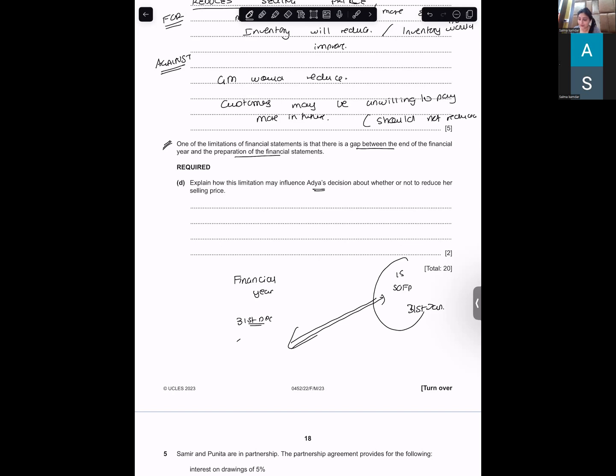Now read the question. Explain how this limitation may influence Adya's decision about whether or not to reduce her selling price. How will this influence her?